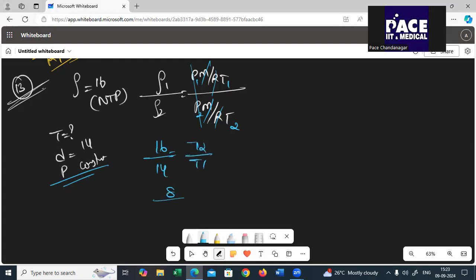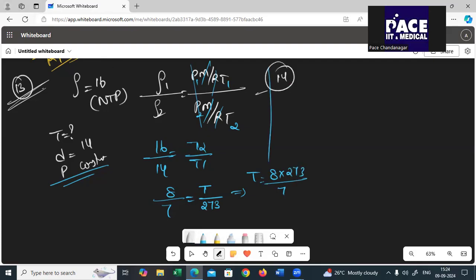So this is 8 by 7 is equal to T2 by T1. T1 is your normal temperature, which you take as 273 Kelvin. So here you get T is equal to 8 into 273 by 7. So with this calculation, you would get your answer there.